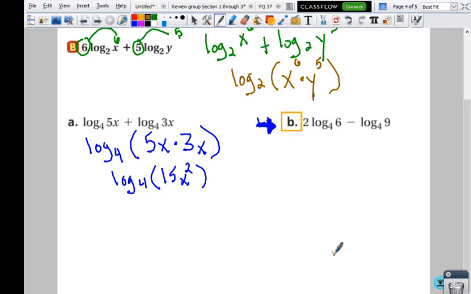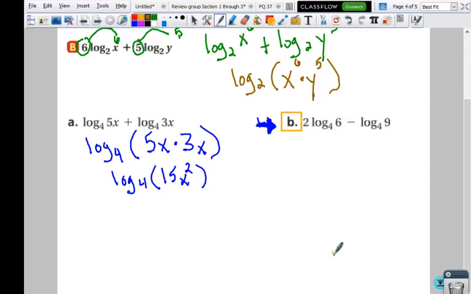You ready? And then we can keep going. What's 6 squared? So let's do log 4, 36 minus, and then we gotta keep going. Let's switch this down to a single log. So we have a minus in between, right? Our quotient property, right?